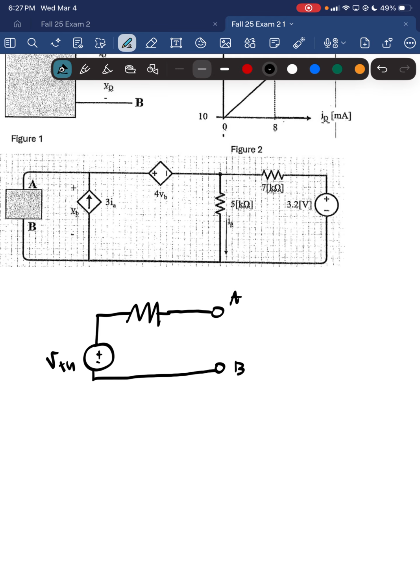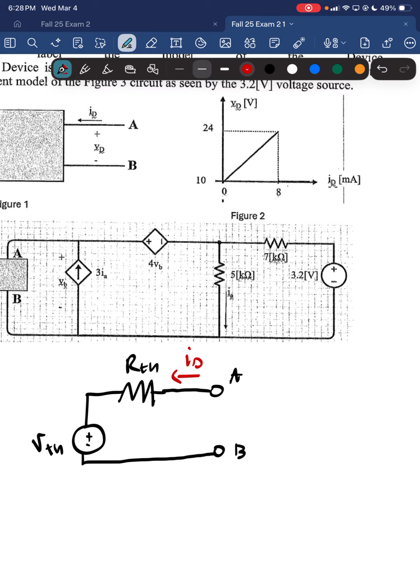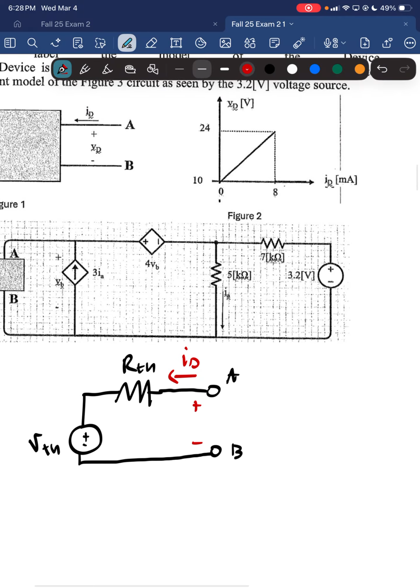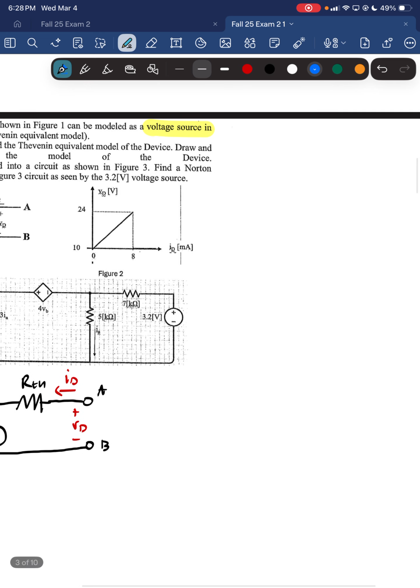We are given a current entering the A terminal called ID and a voltage across the 2 terminals, VD. And we are given 2 points in our graph for ID and VD.